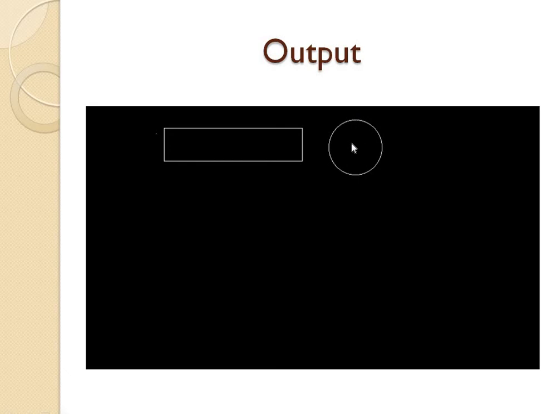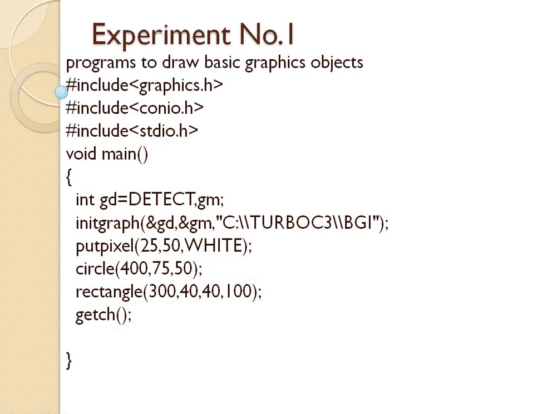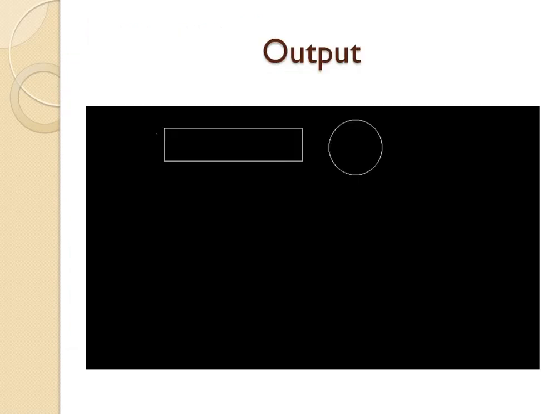We only pass the numbers, whichever we have to display these circles and other objects. So we write down these numbers, that is the x distance is 400 and the y distance is 75.